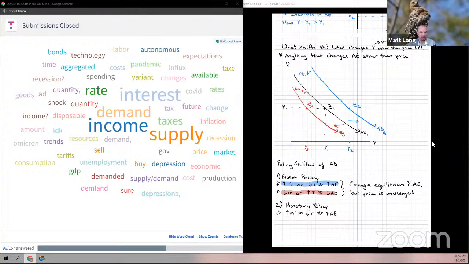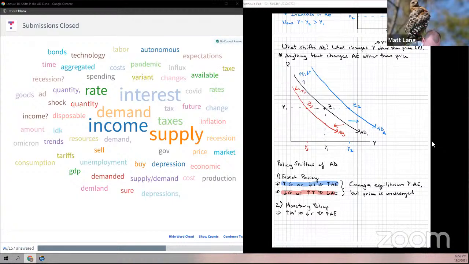When those bonds are bought and the interest rate goes down, it's not like all of a sudden the car became more expensive. When we see that increase in the money supply, decrease in the interest rate, and an increase in autonomous consumption and planned investment spending, it takes some time before we see any price change as a result. So we end up essentially at this Z2 point again.